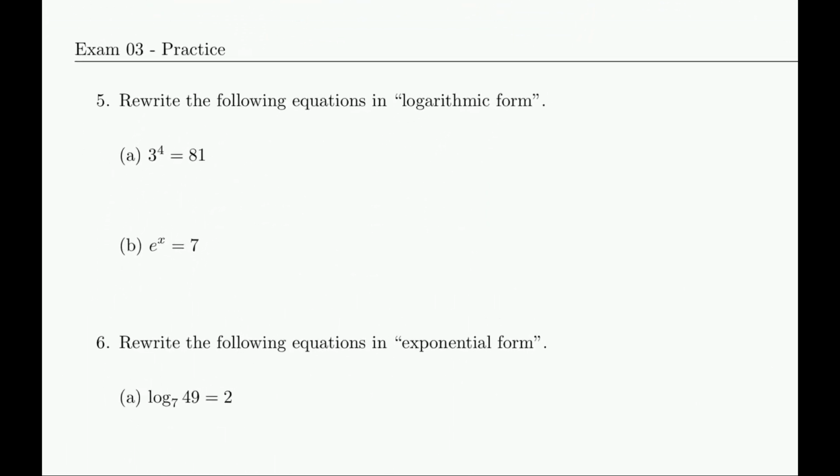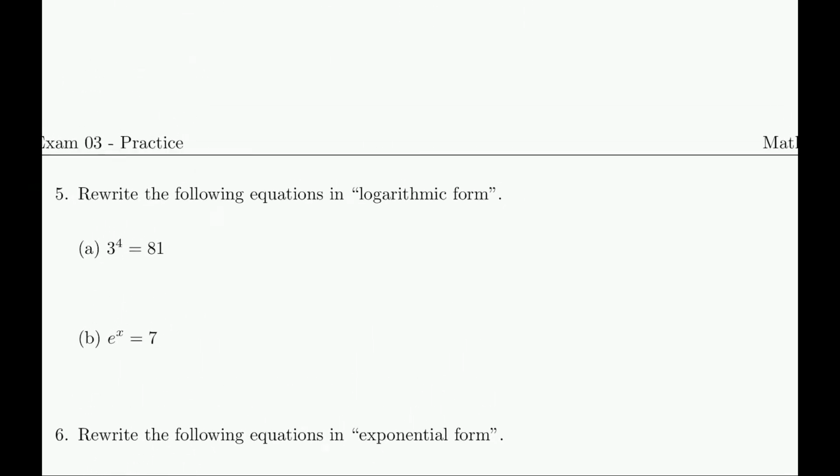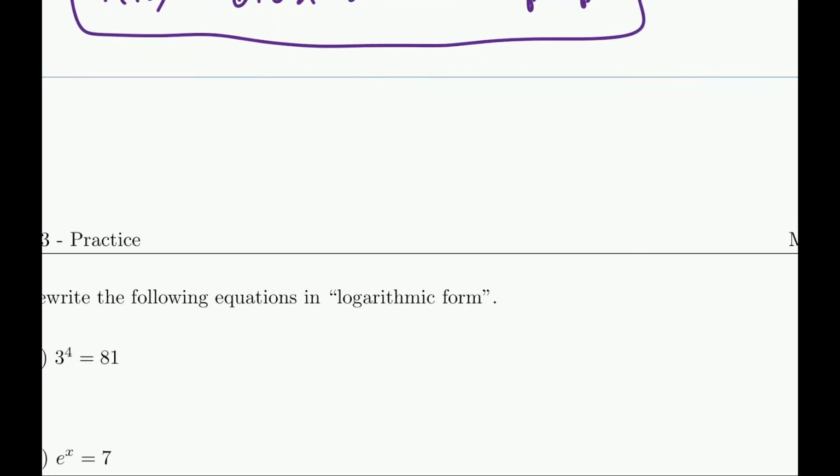All right. So we have a logarithmic form and exponential form here. So problems 5 and 6, they just involve the conversion from one to the other. So, I mean, you can write this a lot of different ways. So I'm probably going to mix up the variables compared to where you've seen this before. But basically this, if I say log base b of x equals y, that's log form.